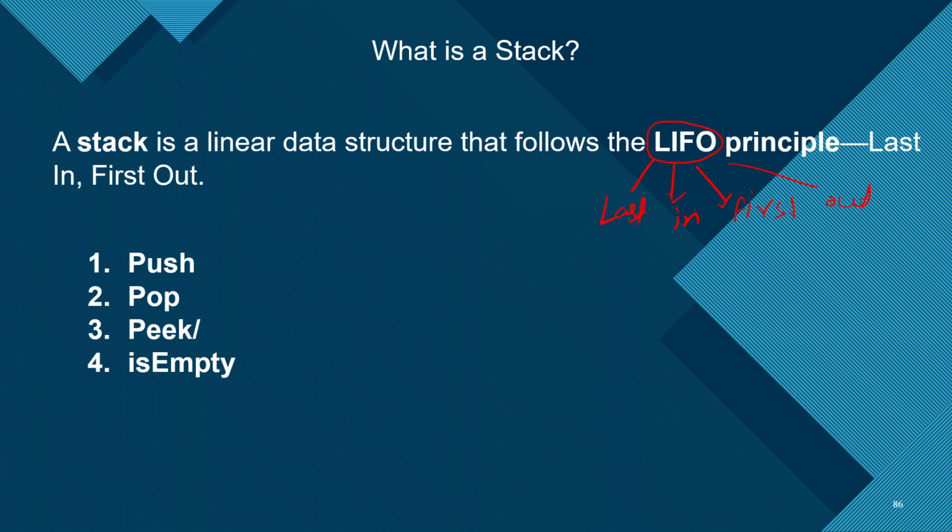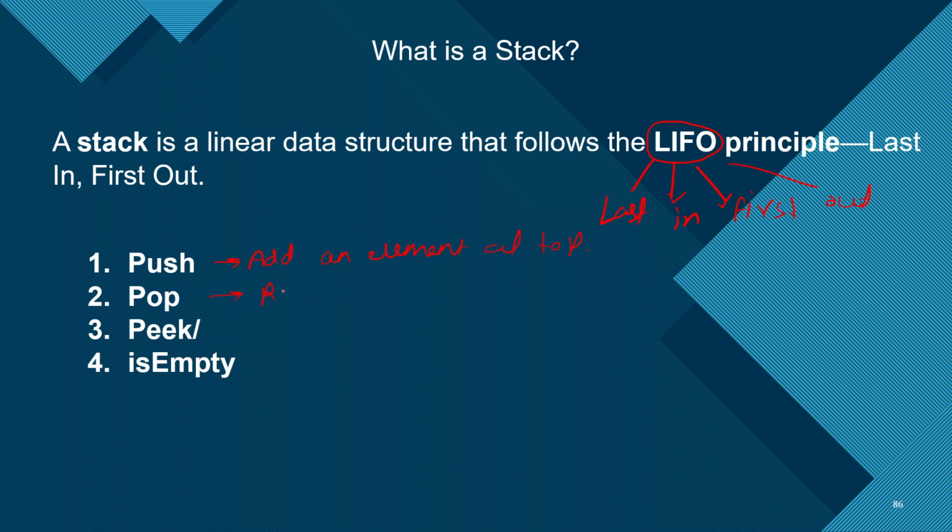Okay, got it. So the key operations in a stack. The first one is push. In simple words, it means adding an element to the top. The next one is pop.